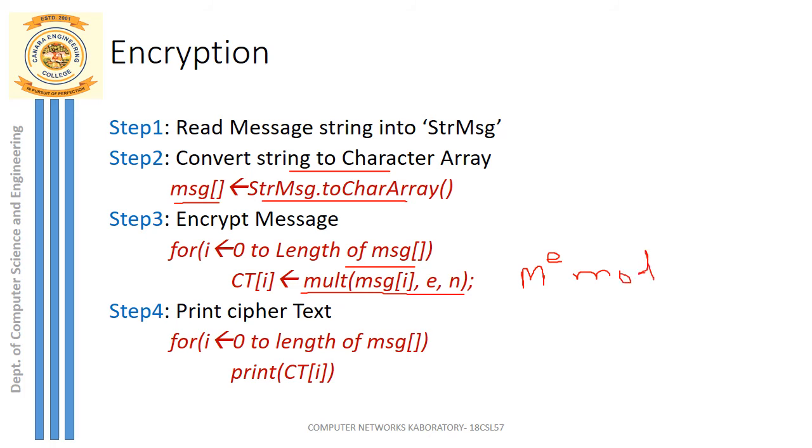We will discuss the definition of this mult function soon. The value which is returned by the mult function will be stored inside this particular array, that is nothing but the array to store the ciphertext of all the characters. And we can print the same ciphertext by using a loop and printing the content of CT, that is the ciphertext array.